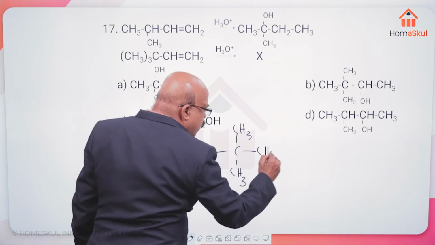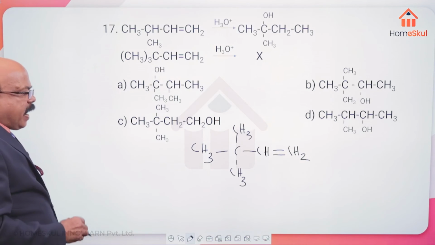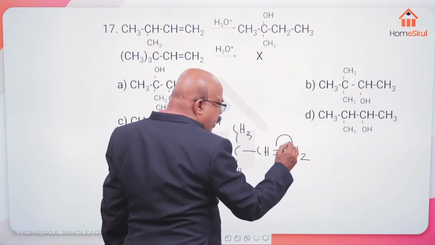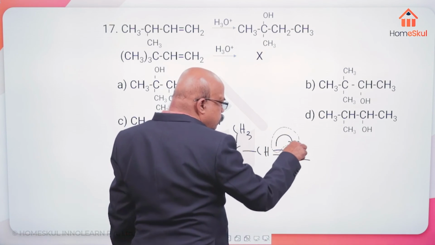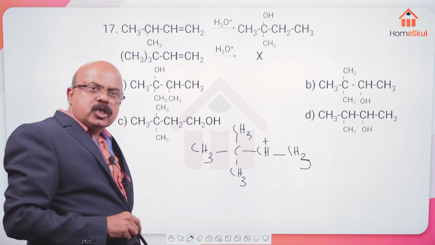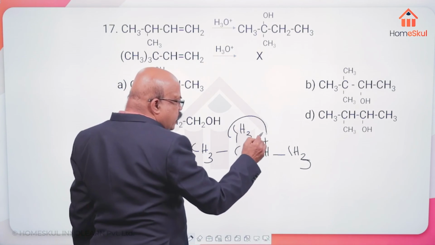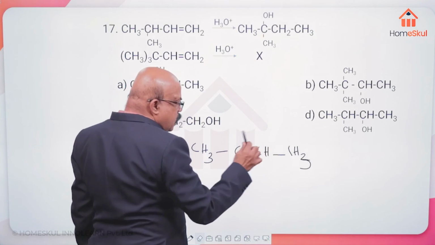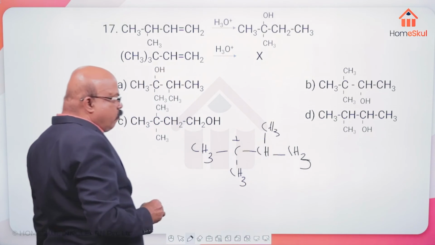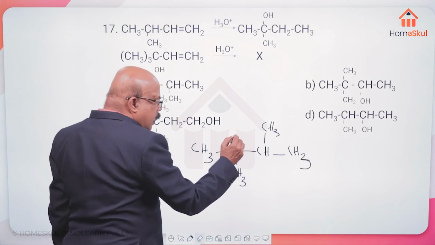On acid hydration, first step is electrophilic attack of H plus ion to form a carbocation. Here it becomes CH3, here it becomes CH positive. Now it is a secondary carbocation, the adjacent carbon is quaternary, so there is a methyl shift as a result. Here there is a CH3 group, now it becomes a carbocation. Finally, water will attack here, followed by deprotonation giving this alcohol.